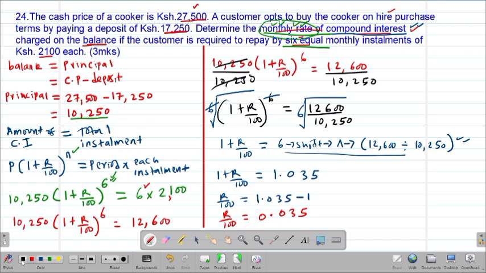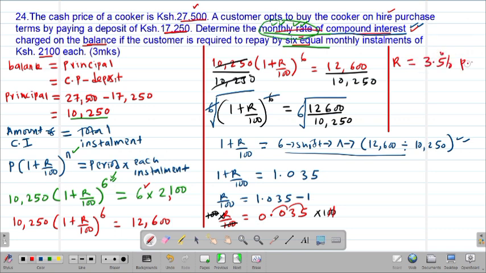To get the value of R, I'm going to multiply both sides of the equation by 100, so that these two will cancel out. So that means we are going to get our value of R being equal to 3.5%.